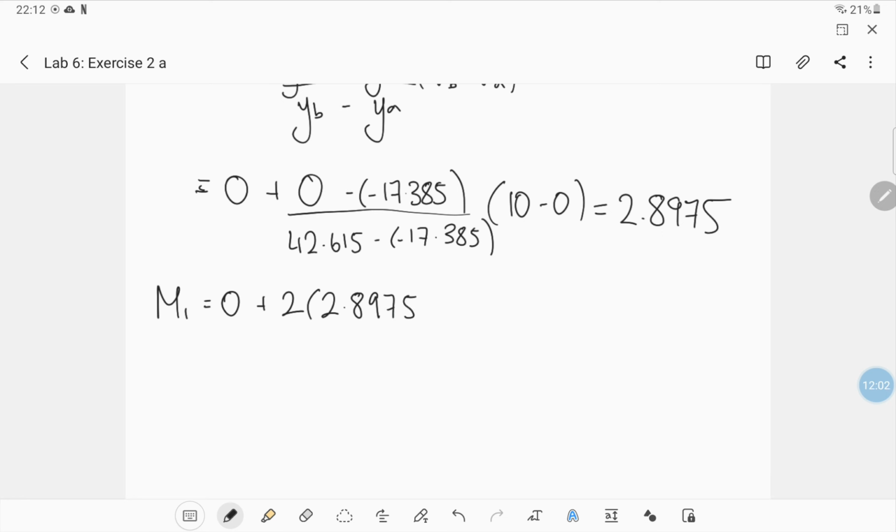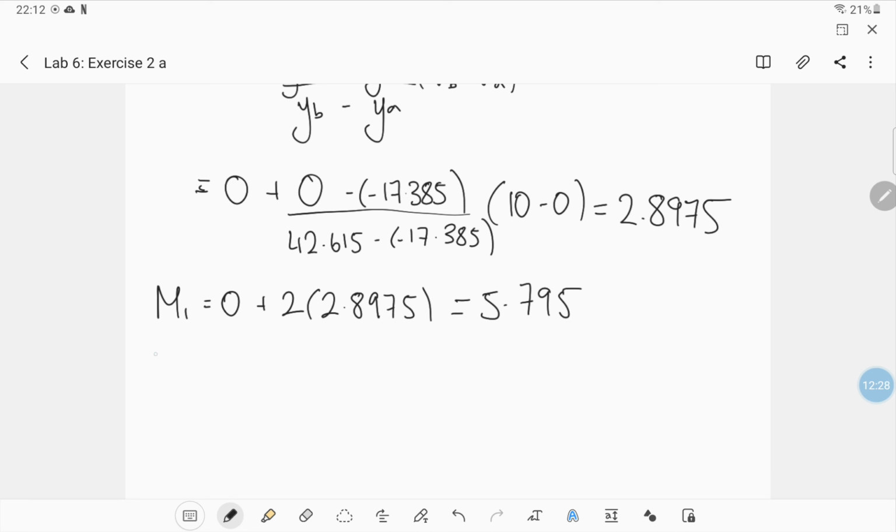Whatever that comes out to be, to five significant figures, is 5.795. And the rest I'm going to do in Excel. I suppose I should have just done the first one in Excel.